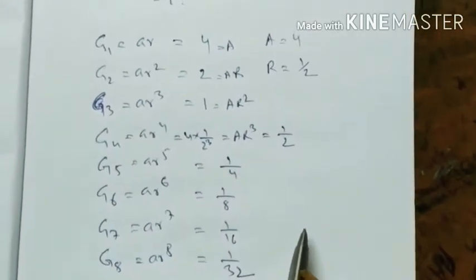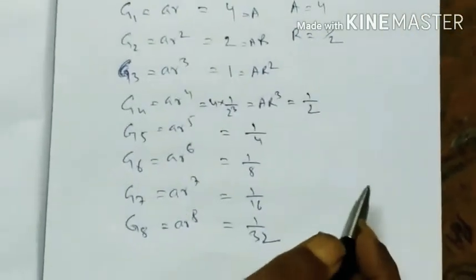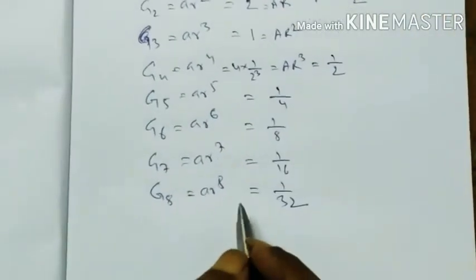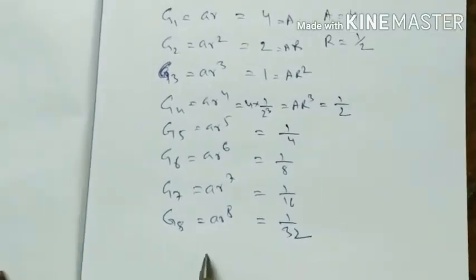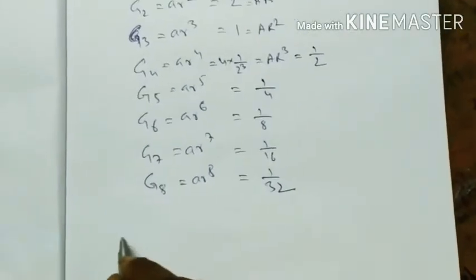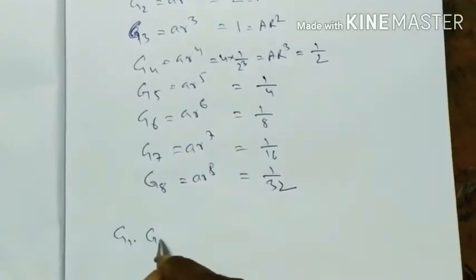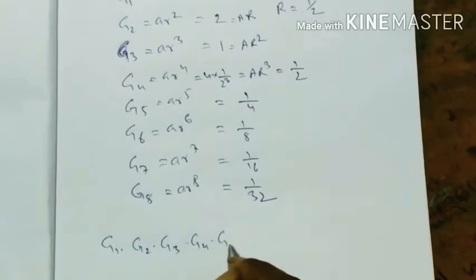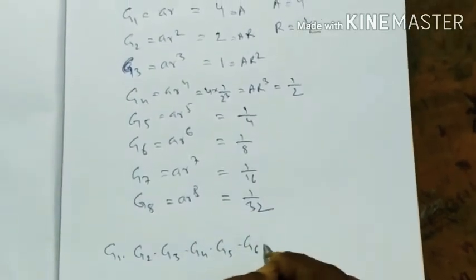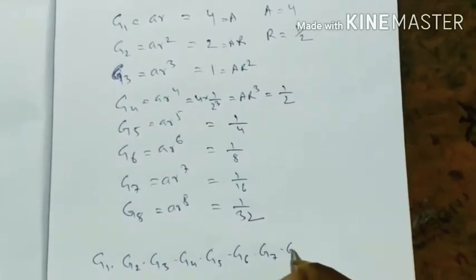1 by 32. So the product of 8 geometric means is P. Product of 8 geometric means: G1 dot G2 dot G3 dot G4 dot G5 dot G6 dot G7 dot G8.